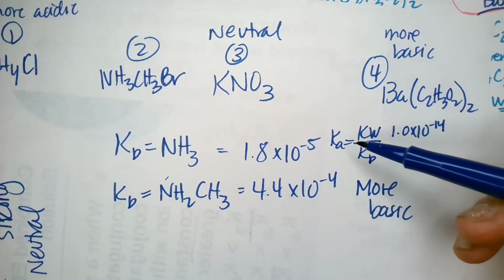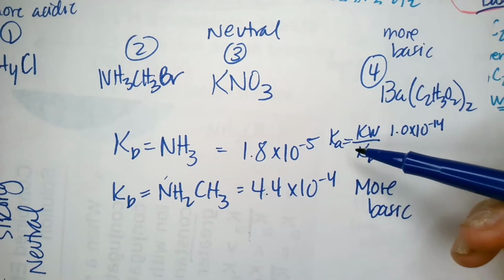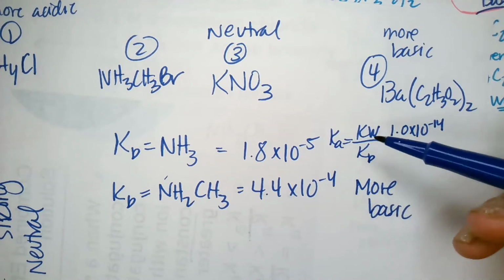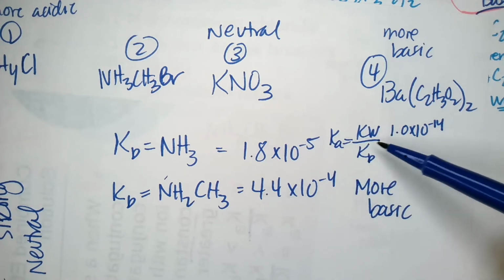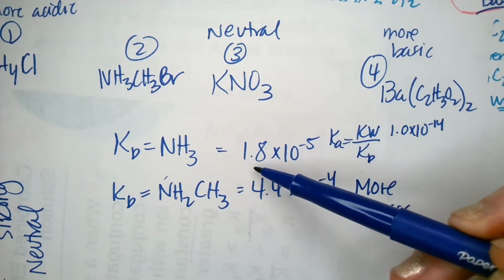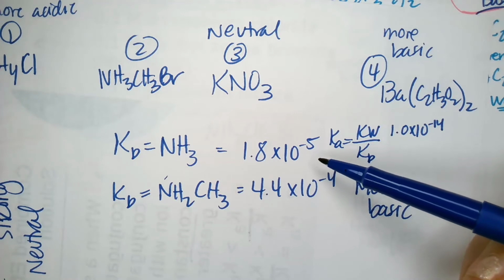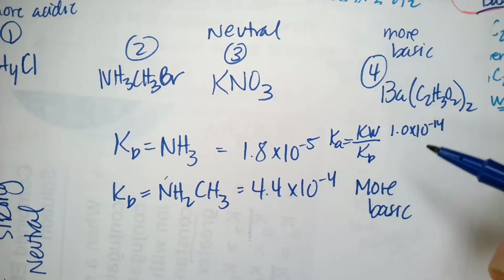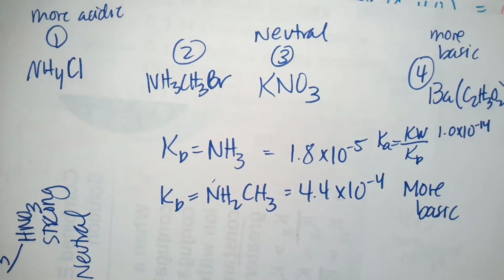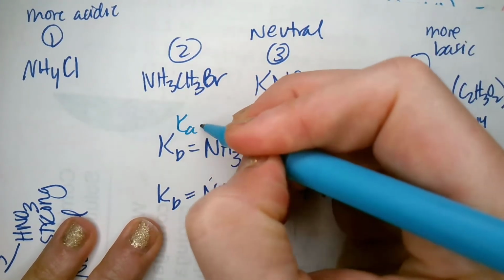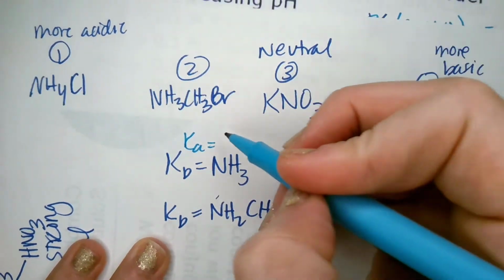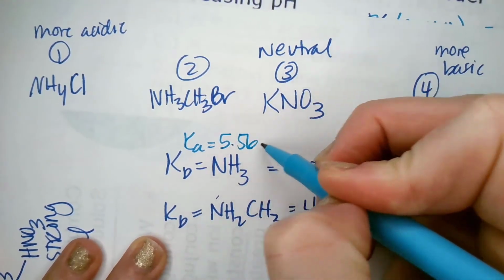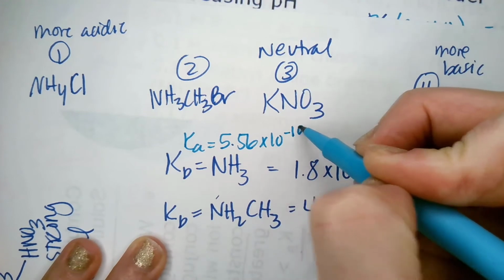And again, the larger the Ka, the more acidic it is. So if we did 1 times 10 to the negative 14th divided by 1.8 times 10 to the negative 5, we would get 5.56 times 10 to the negative 10th for our Ka. And let's just write that over here to the side. Our Ka would be 5.56 times 10 to the negative 10th.